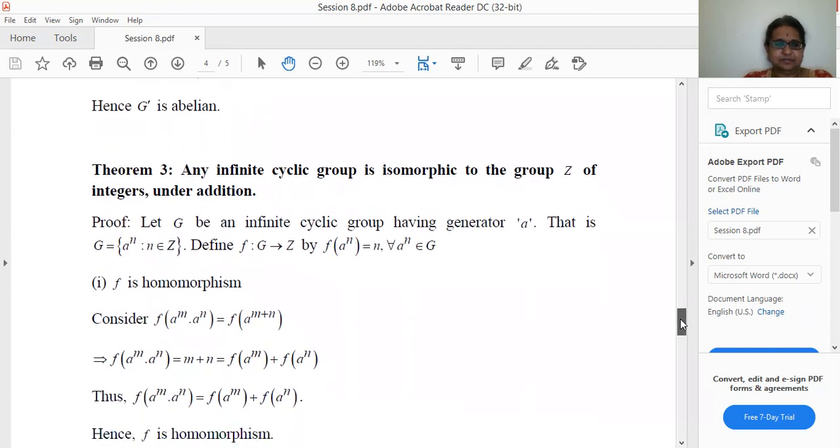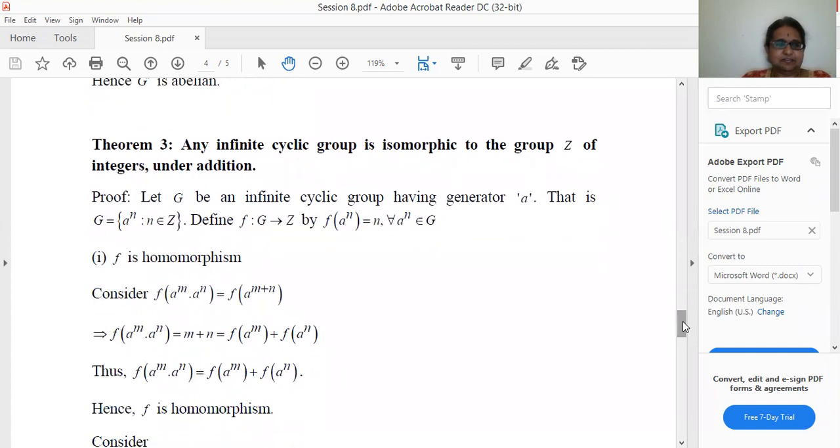So now consider f of a power m dot a power n, which is equal to f of a power m plus n. So this implies f of a power m into a power n is equal to m plus n, that is, f of a power m plus f of a power n.